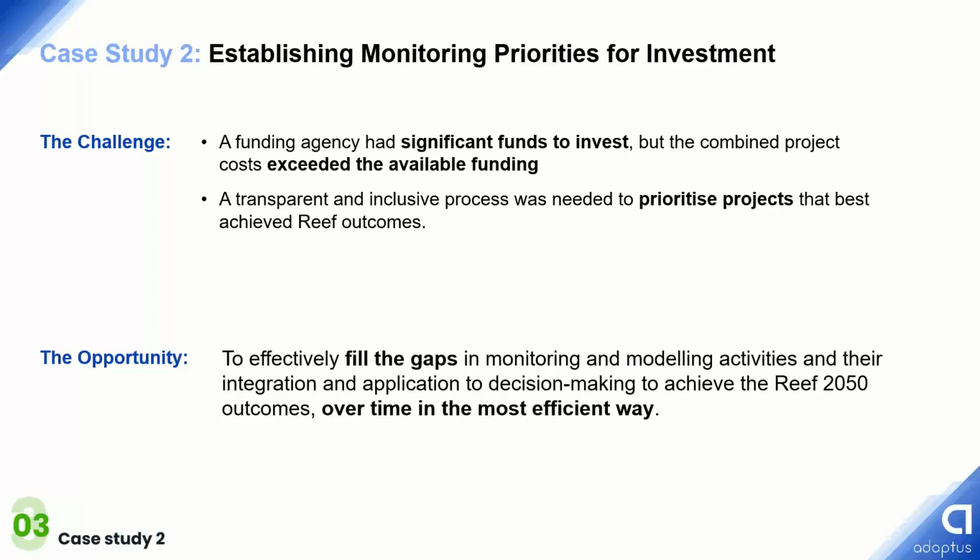And so they set an overall objective, or an opportunity, to effectively fill the gaps in monitoring and modelling activities, including their integration and application to decision making, in order to achieve the overarching goals of Great Barrier Reef management, which is the Reef 2050 plan. And they also added over time in the most efficient way, which spoke to quite a common tension in program funding decision making: do you invest for the near term or the long term, and how do you do that in the most efficient way? And we saw that in case study 1 as well.